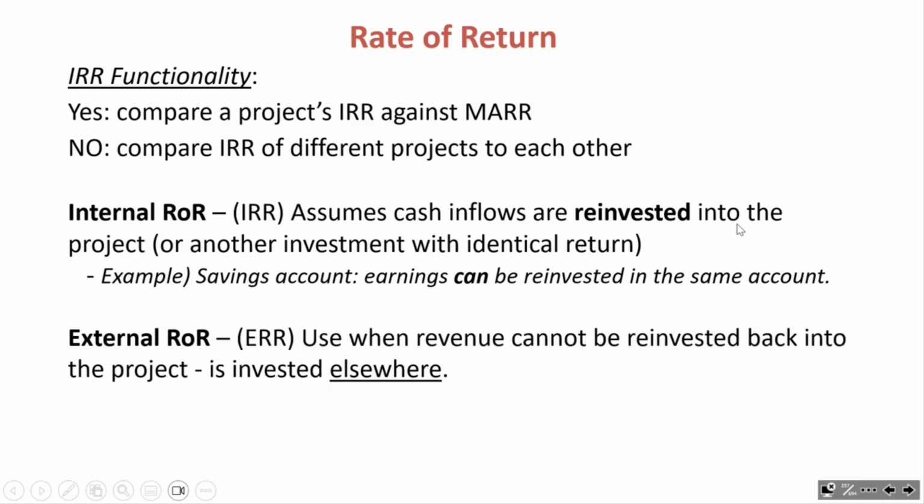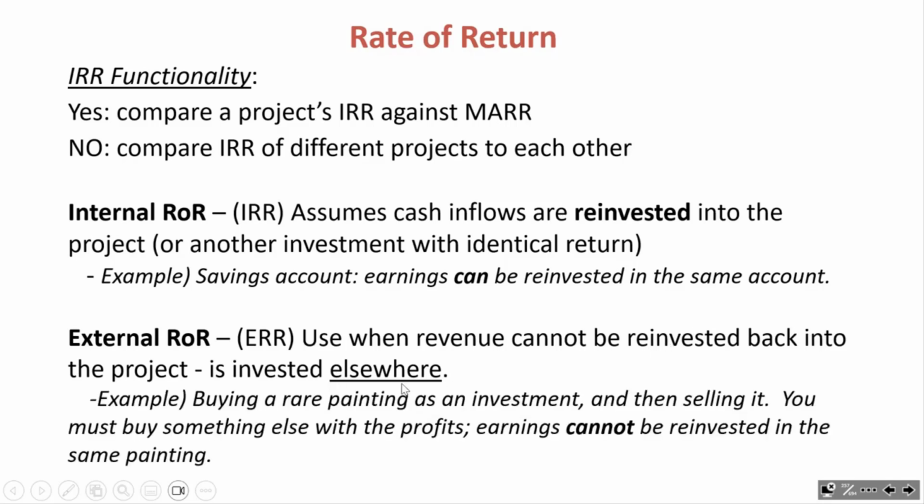So external rate of return is kind of the more real-world analysis technique we could use, and it is more complicated because what you're doing is both accounting for the rate at which profits are generated, and then you have to know the external reinvestment rate. So that is, when the money is not being reinvested back into the project and you're putting it somewhere else, you have to know what is the rate of return in that other location.